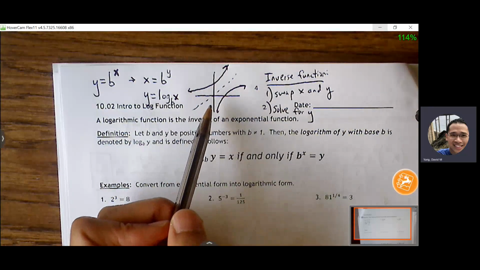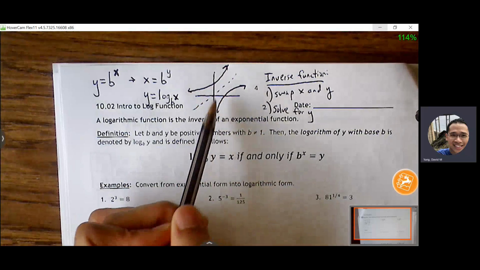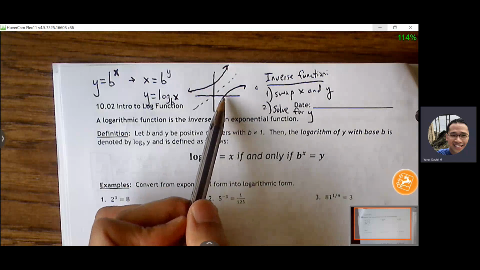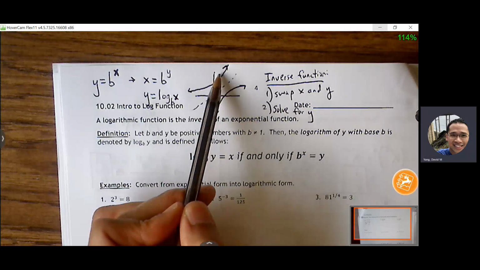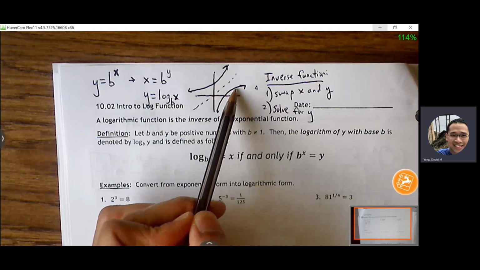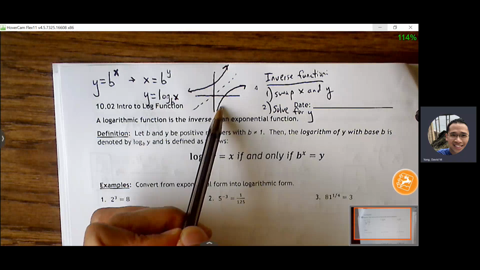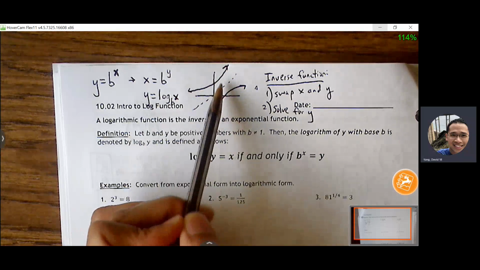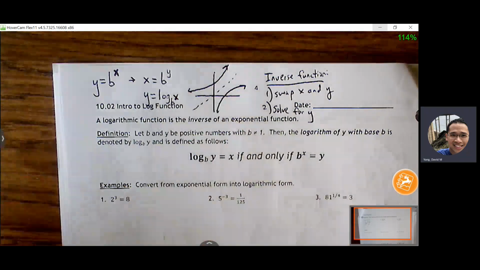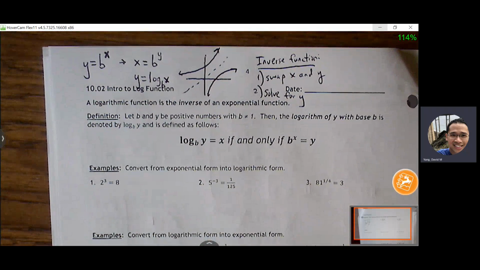It's not reflection over the x-axis, but reflection over the diagonal line y equals x. So that's visually what an inverse function is. Every ordered pair is going to be flip-flopped. So if there's a (4, 1) here, then there's a (1, 4). If there's a (2, -1) here, then there's a (-1, 2). So every point is flip-flopped in terms of its x and y. Okay, so that's the background there.